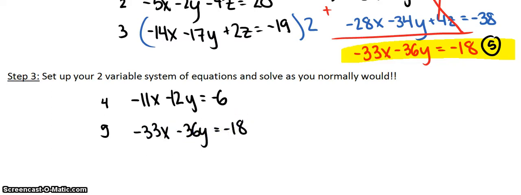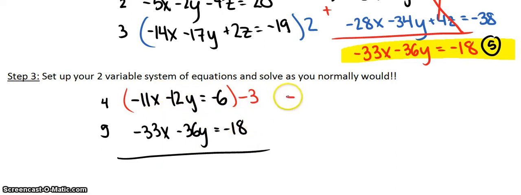Now these aren't going to eliminate the way we have them right now, so I'm going to need to multiply something. If I multiply this by 3, I'll get the same equation here. But in order for things to cancel, I have to multiply by the opposite sign because they all have the same sign. So that will give me positive 33x plus 36y equals 18.